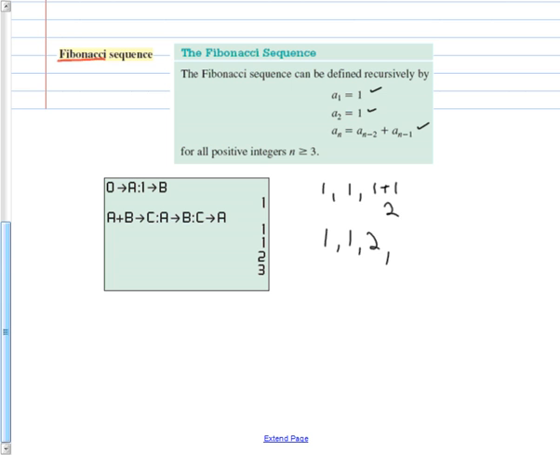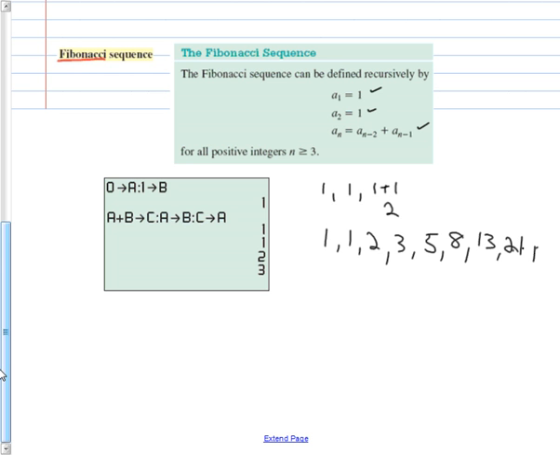Now add 1 and 2: 3. Add 2 and 3: 5. Add 3 and 5: 8. Add 5 and 8: 13. That's the Fibonacci sequence. So when you count things like petals, you might have 5, 8, 13, or 21. Not a guarantee, but it's highly likely.